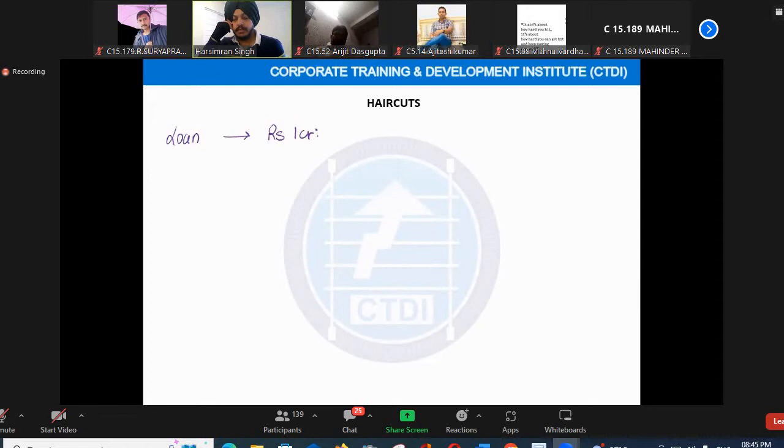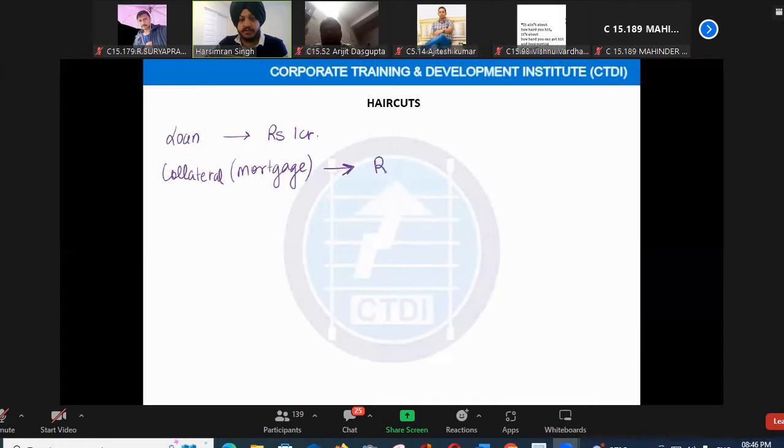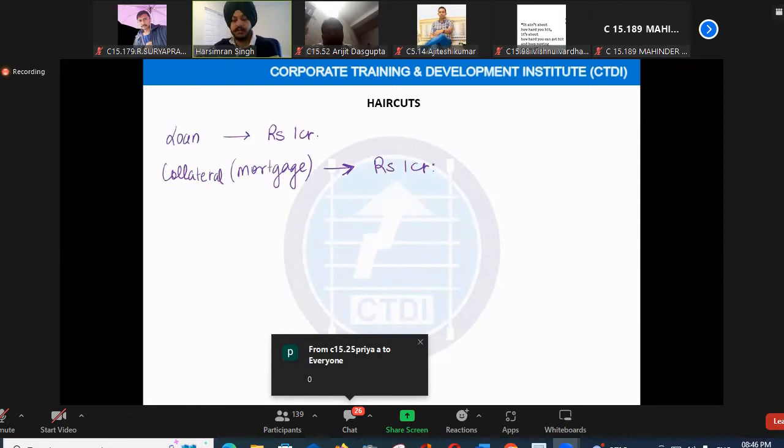Against this, you have taken a collateral, in the form of a mortgage. And the value of this mortgage house is also rupees 1 crore. So what is your net exposure? You will say that we have given 1 crore as loan, against which I have a collateral of 1 crore, so my net exposure is 0. This is not correct.